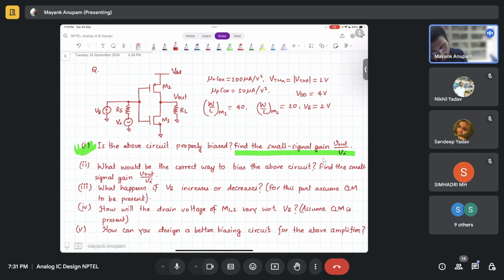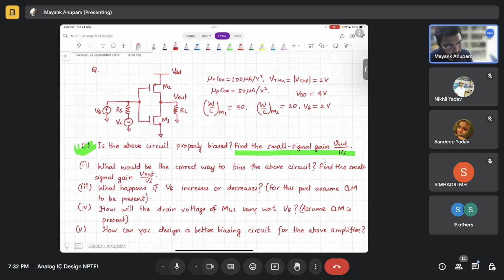So when we say that we have to bias a circuit, for MOSFETs it means we have to make sure that the DC voltages and currents are of acceptable value, so that we can get good small signal performance. Okay, so please understand that biasing is something which we do for DC.